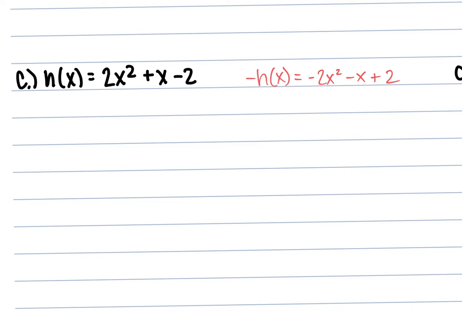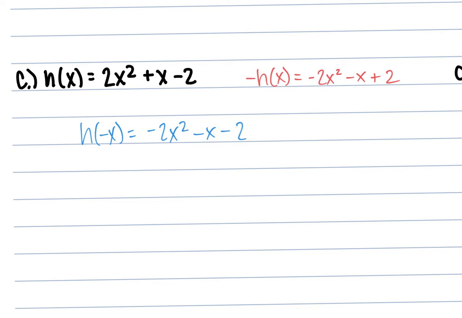All right, now we have h of x, we have negative h of x. What do I do next? Daniel. You do h of negative x. Very good. What do you get? Negative 2x squared minus x minus 2. So, I disagree. Wait, okay, I did something wrong then. Cody?